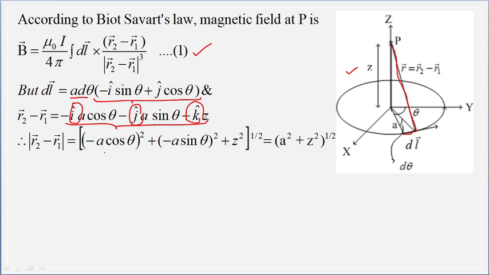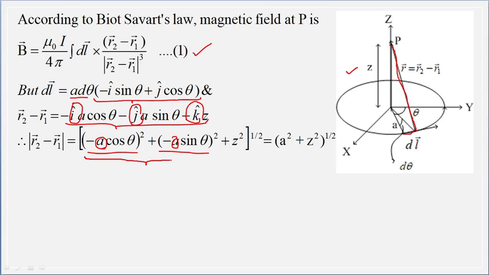Then this one is a square cos square theta, and this term is a square sin square theta. If you take a square common, what remains inside is cos square theta plus sin square theta, which is 1.